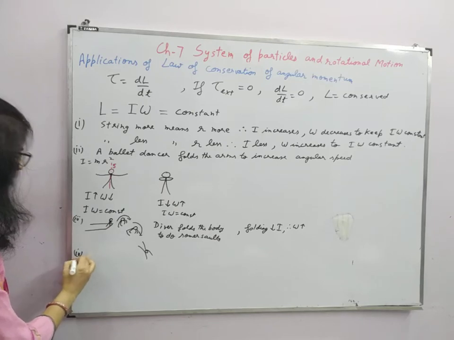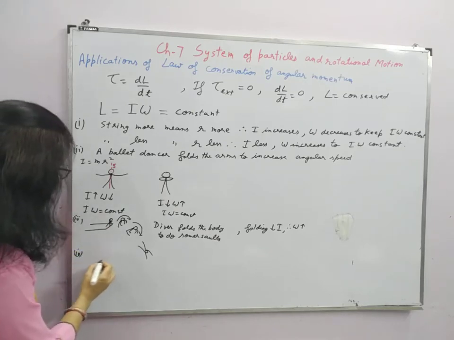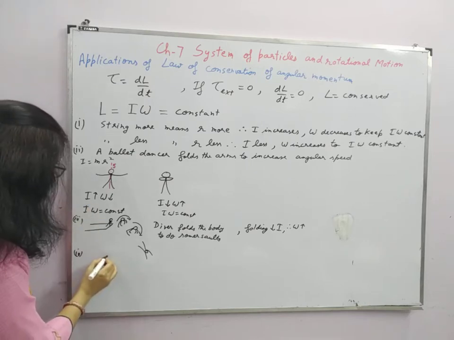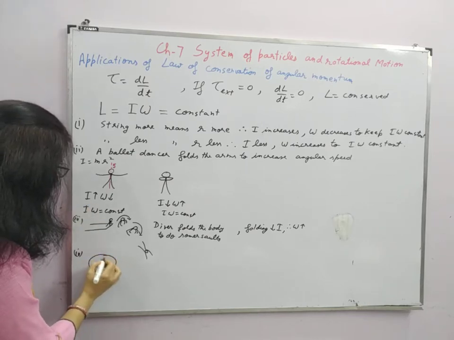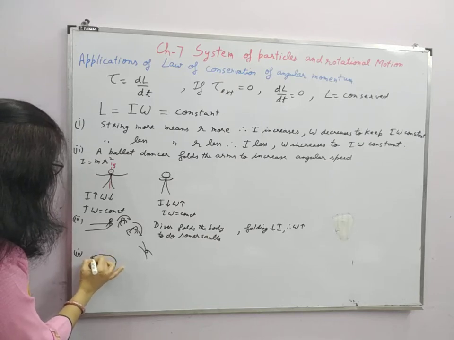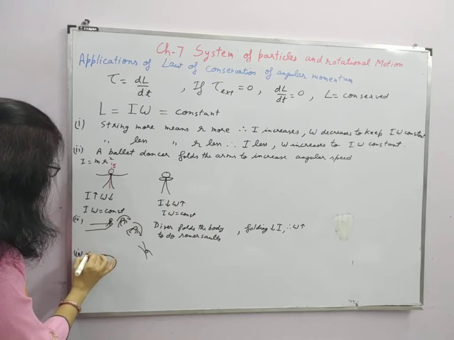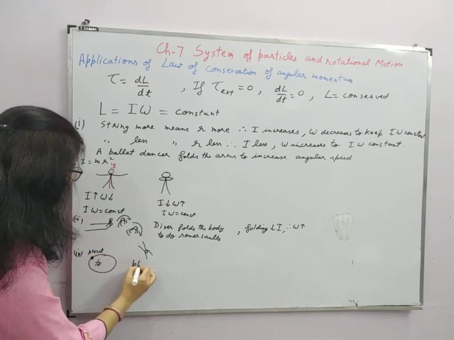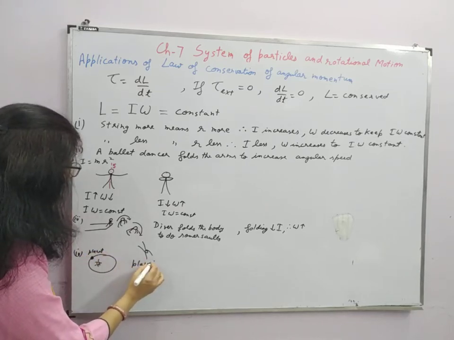The fourth case we can take is planetary motion when the planet is near the sun. So this planet is near the sun. What happens?